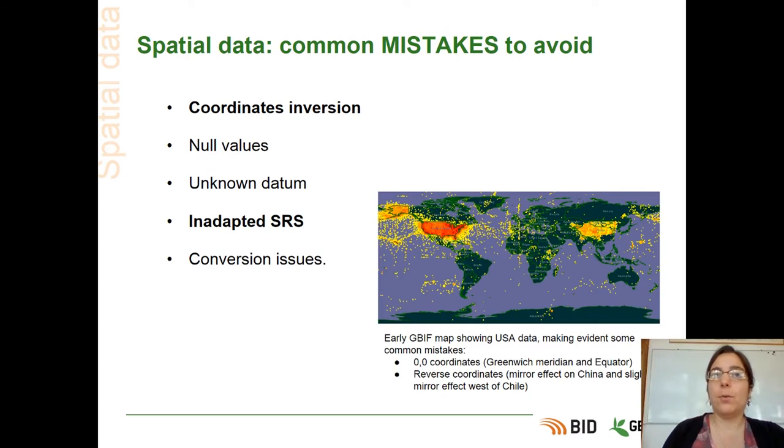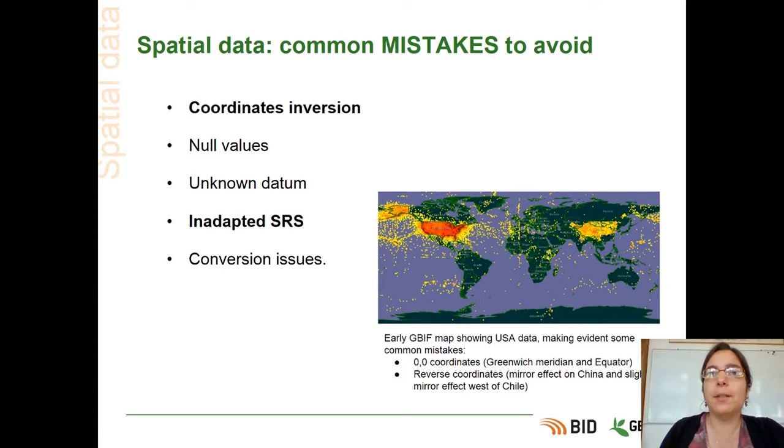On the right of this slide, you can see an old map that was used by GBIF a few years ago. The maps on GBIF are not the same right now, but this is to show you what the problems were before GBIF implemented some automatic correction of georeferences.